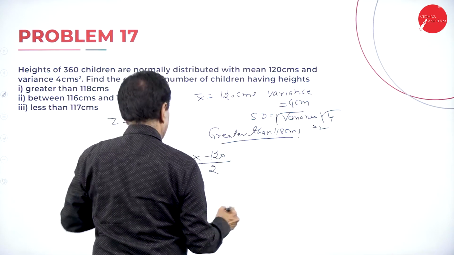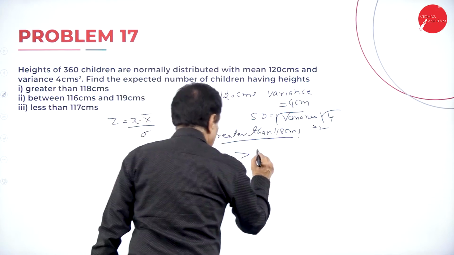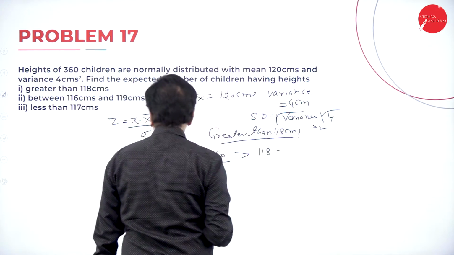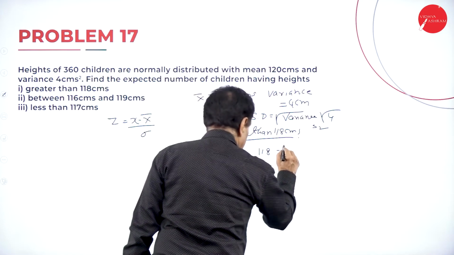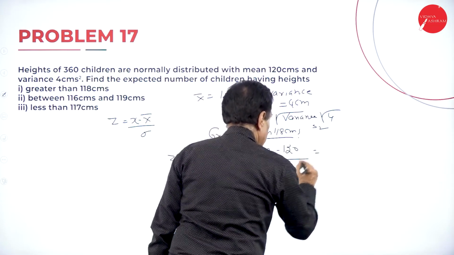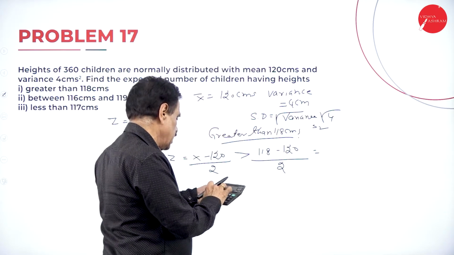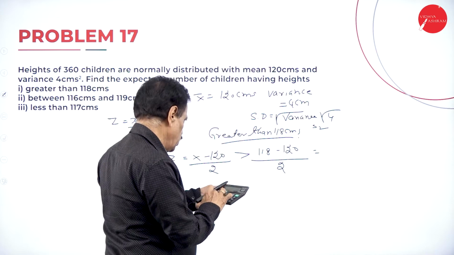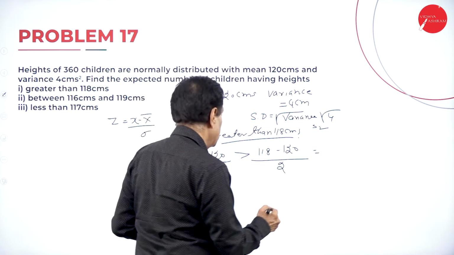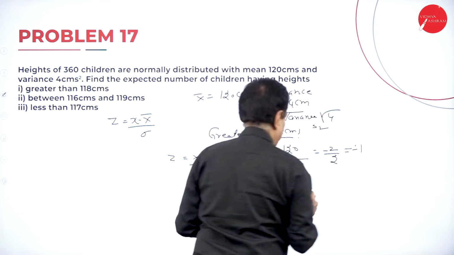It is greater than, more than. What's your x value? 118 minus 120, divided by 2. Simplify this: 118 minus 120 is minus 2, divided by 2, is equal to minus 1.